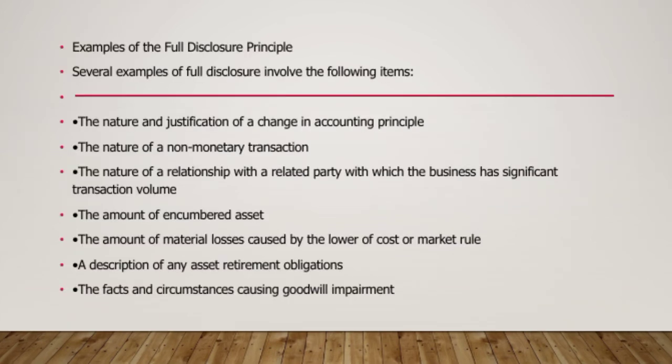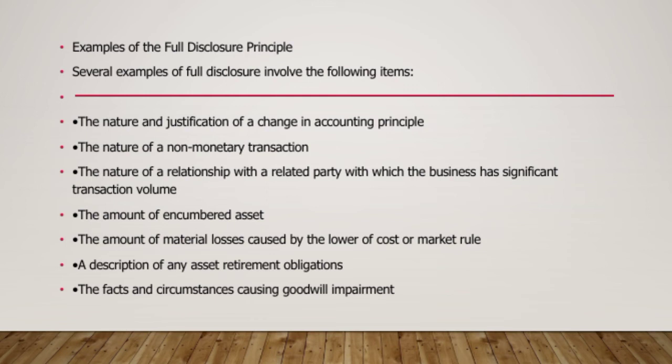Examples of the full disclosure principle. Several examples of full disclosure involve the following items. First, the nature and justification of a change in accounting principle. Second, the nature of a monetary transaction. Third, the nature of relationships with related parties with which the business has significant transaction volume.